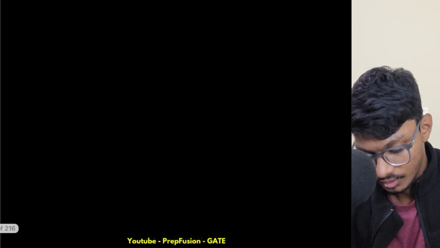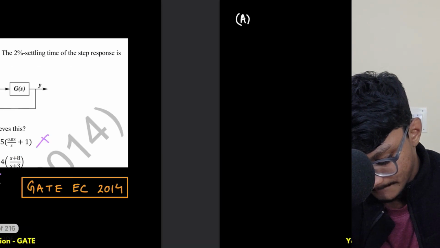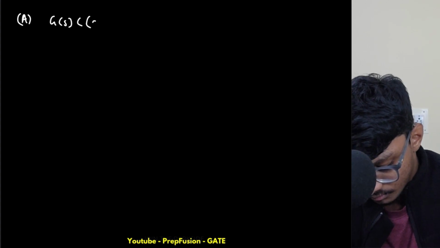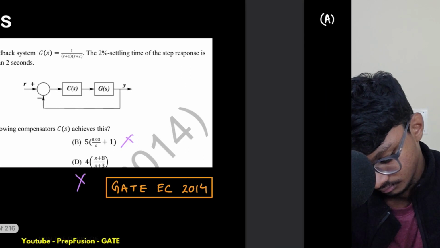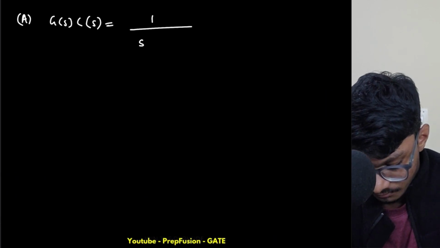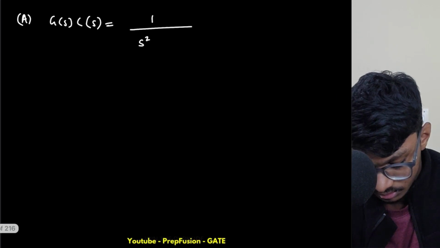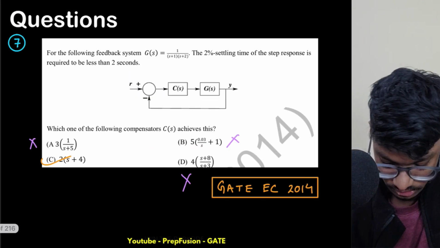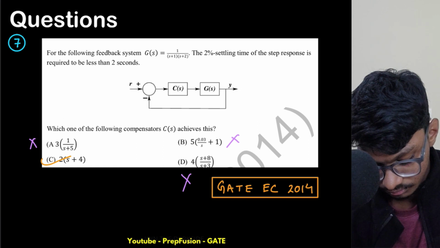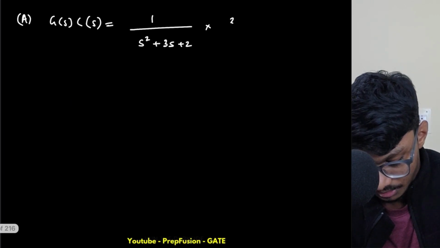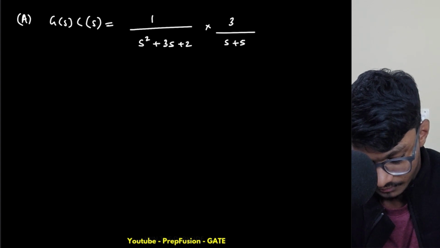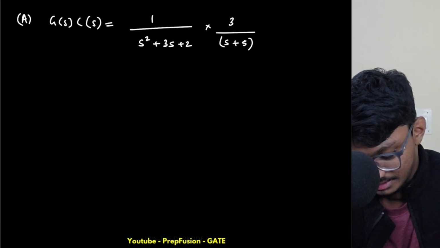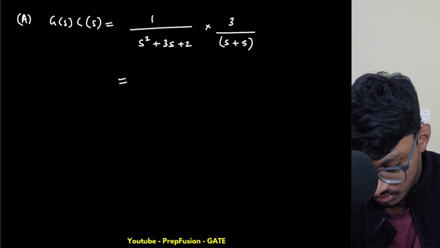So here for option A, my total G(s) C(s) will become 1 by s square plus 3s plus 2, into 3 by s plus 5.